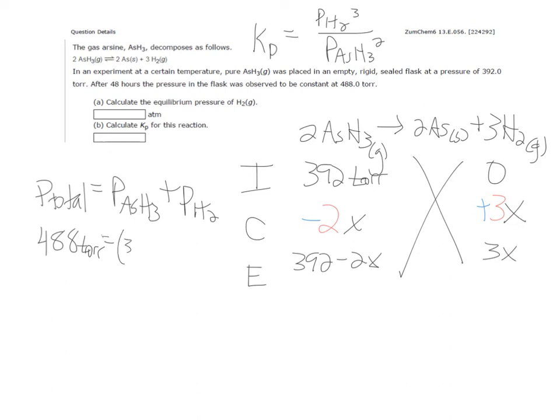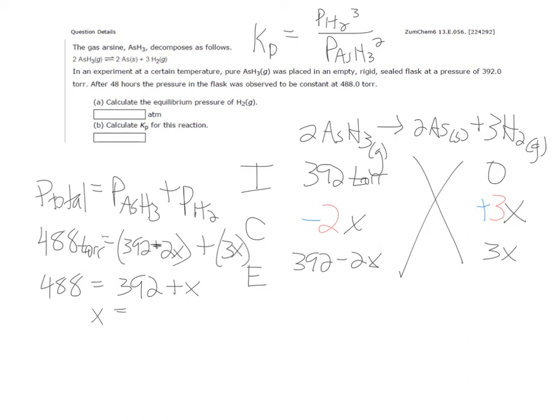So the pressure of AsH3 we can write as an expression that involves x, 392 minus 2x. And then we add 3x because that's the pressure due to hydrogen. That all simplifies. 392 minus 2x and then plus 3x is going to work out to be 392 plus 1x.